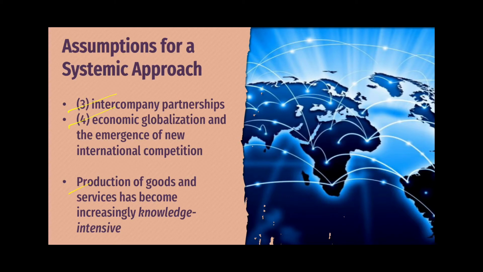And a lot of our production of goods and services has become increasingly knowledge intensive. No, there's more research being done now because we want to diversify. No, we want to differentiate. When we want to innovate, we have to put in the work on research. No, because we cannot just create a new product without looking at what is already out there, looking at the current problems that we want to solve.